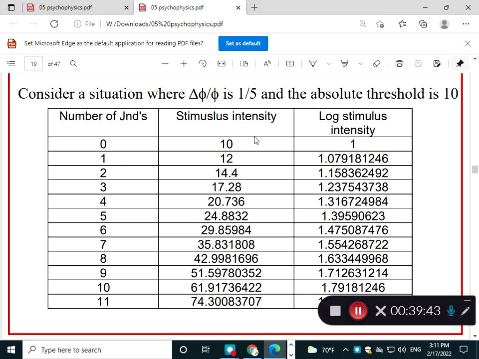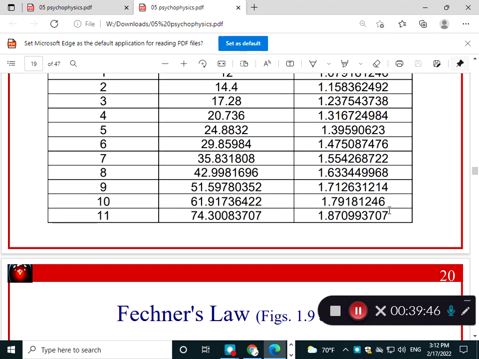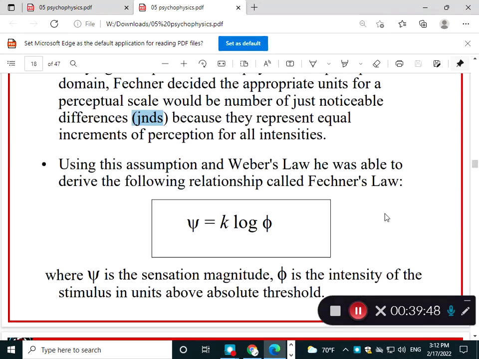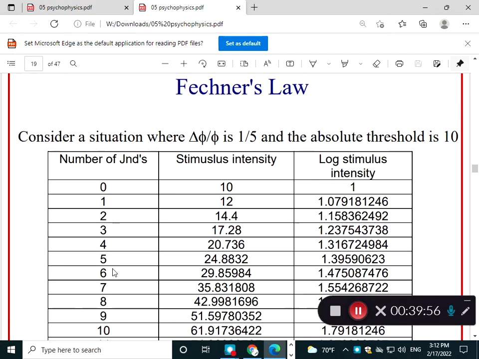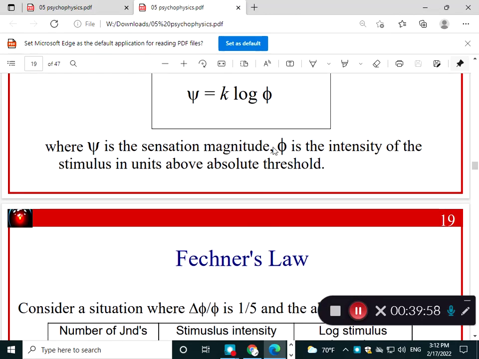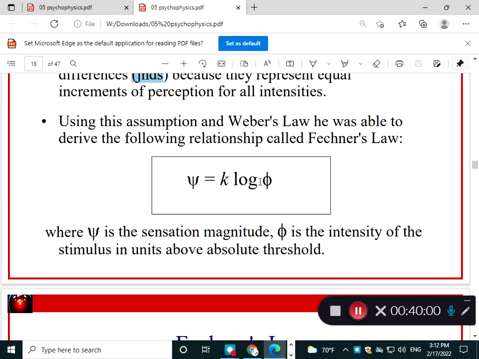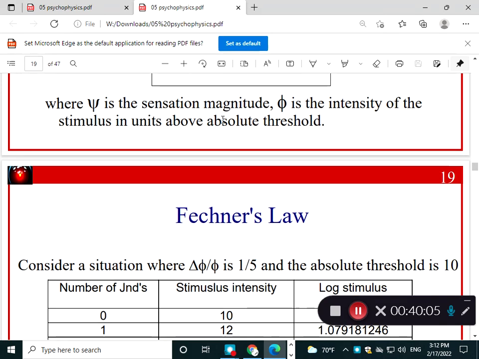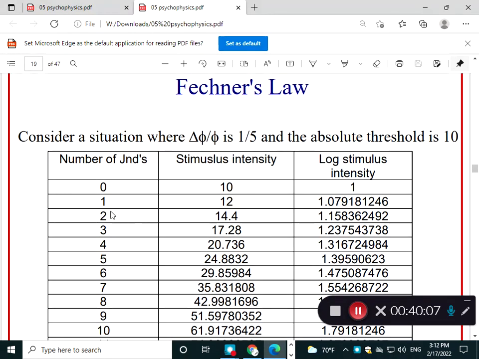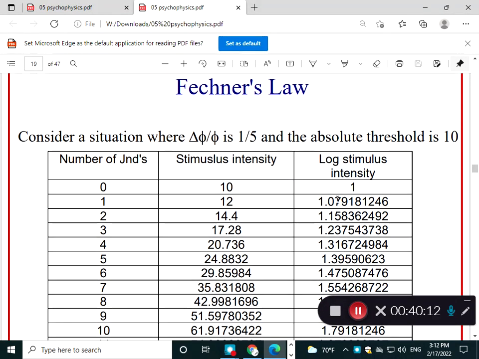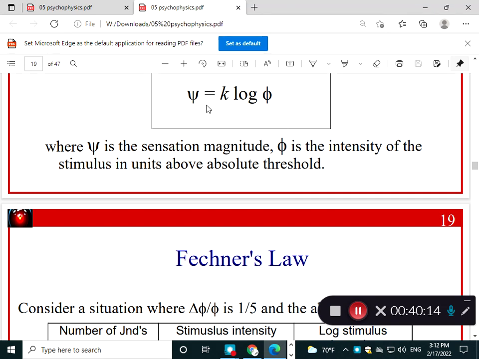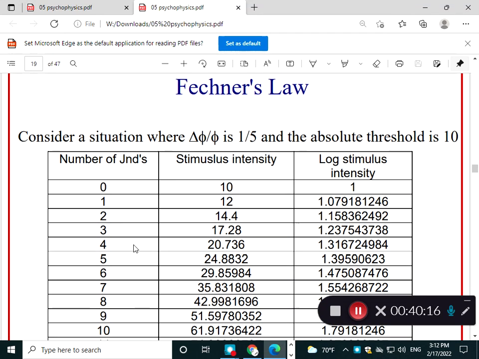Take the log of your stimulus. Once you take the log of your stimulus, all you need to do is use the threshold level, using log phi and psi, so 1 over k is this. Here's psi, the just noticeable difference.